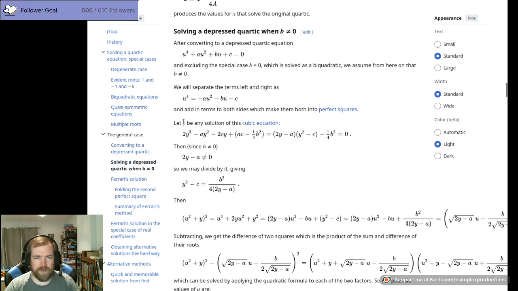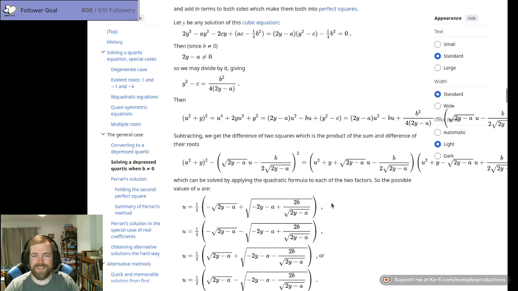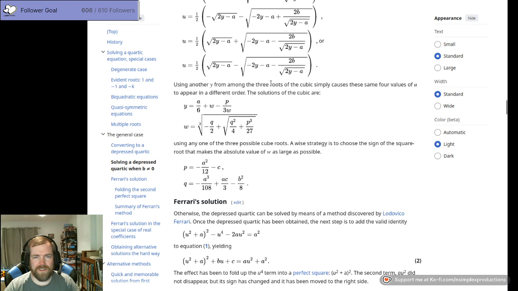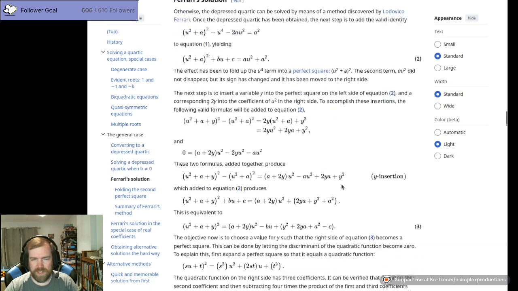So here, let y be a solution to the following cubic equation. And then all of this starts coming together. And we end up with, yeah, this is just severely messy at this point.